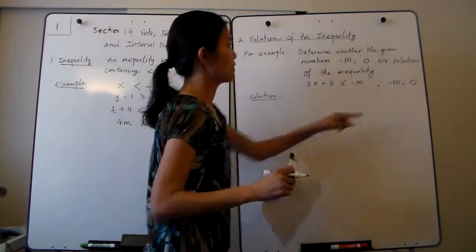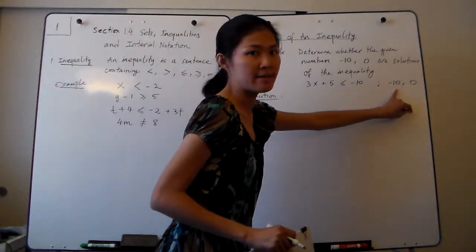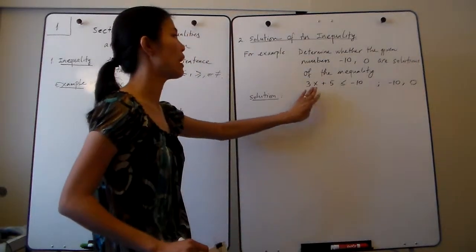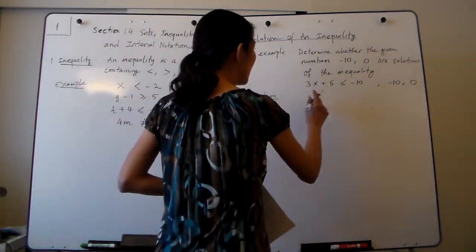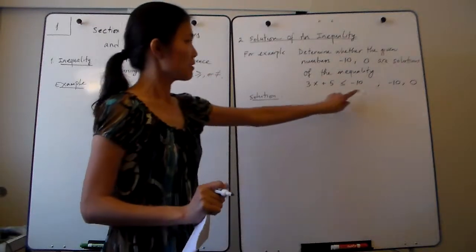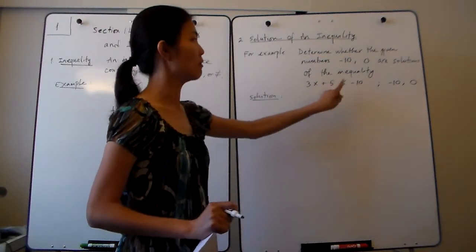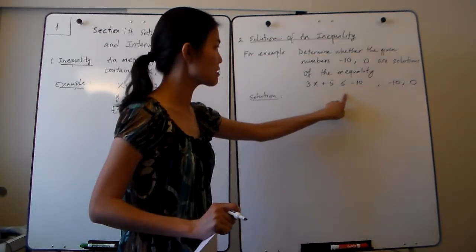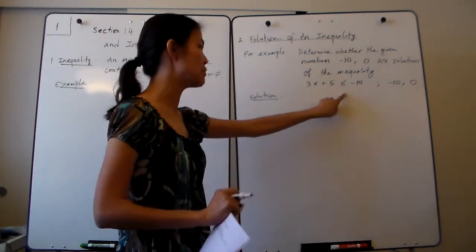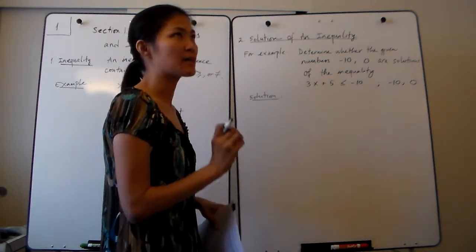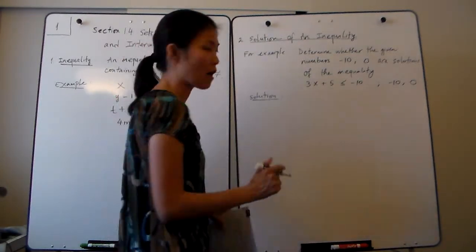To show whether negative 10 is a solution, I substitute negative 10 for the variable x right here. And my goal is that after I make the substitution, the left-hand side still maintains this inequality symbol, which is less than or equal to. Okay, so the left-hand side must be less than or equal to the right-hand side.